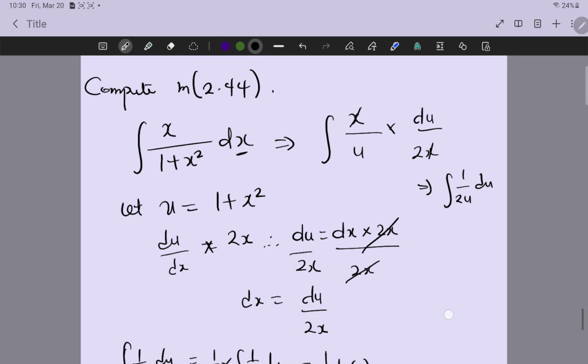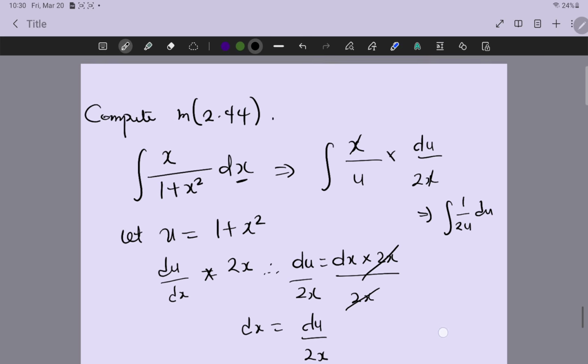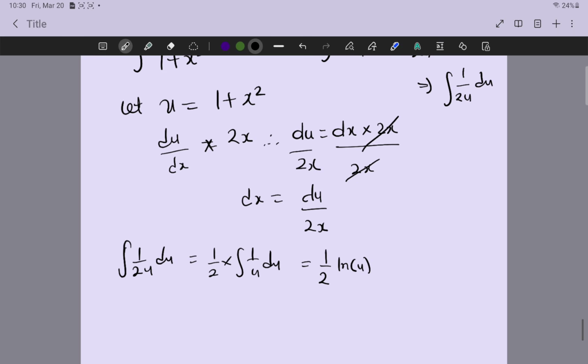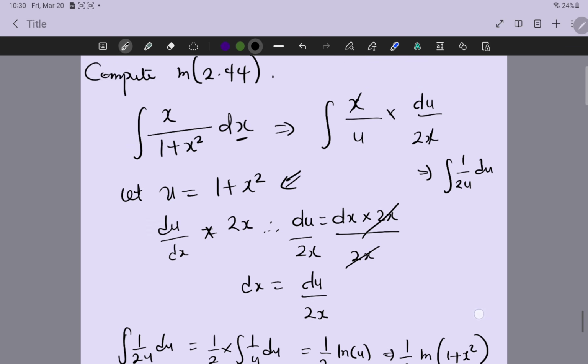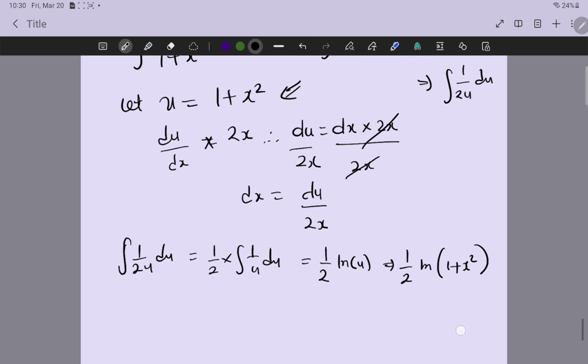But I said take ln 2.44, right? But u was what in the first place? u was 1 plus x squared. So we have 1 over 2 ln 1 plus x squared.